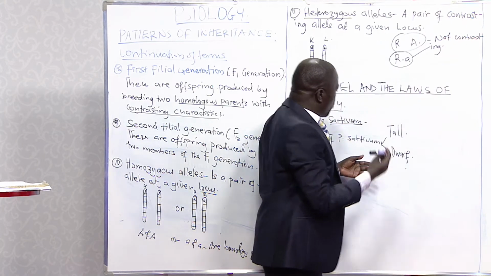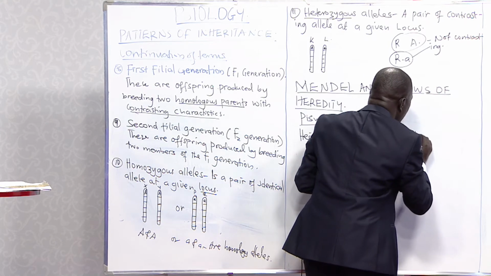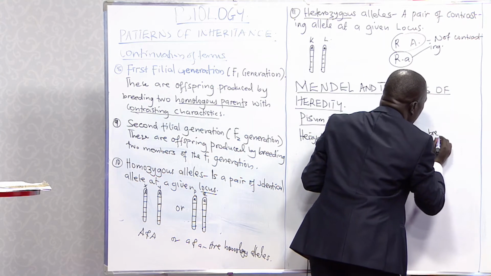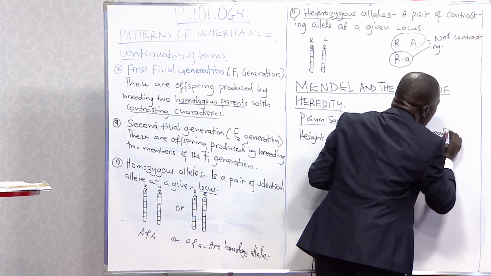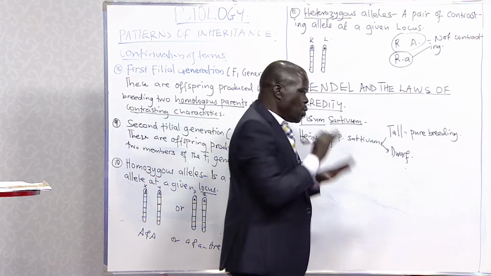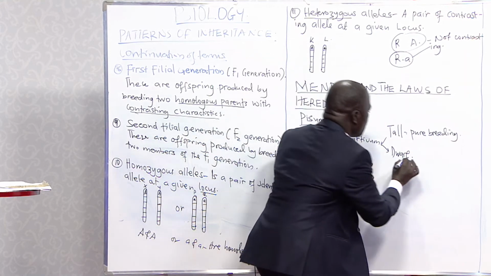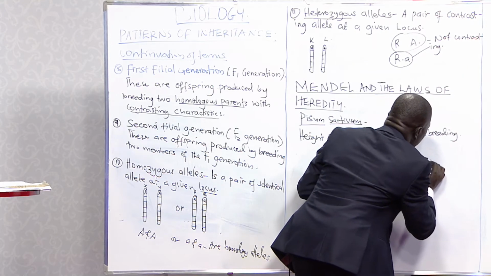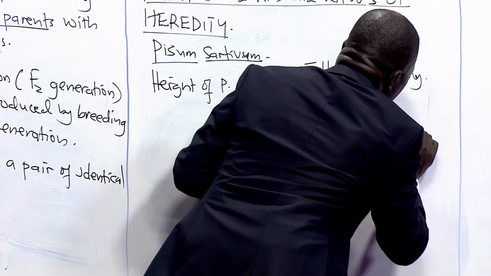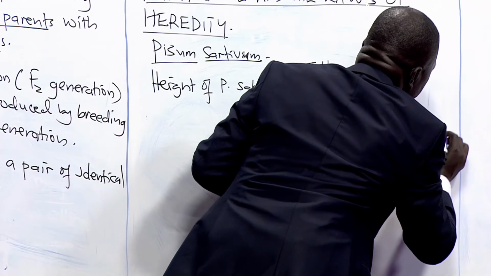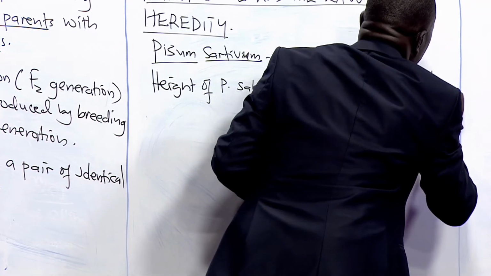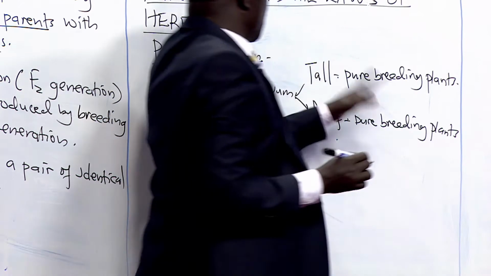So this was pure breeding tall. You continue breeding, a tall one will give you all tall plants. Dwarf also, pure breeding dwarf plants, and pure breeding tall plants. This is what he did.